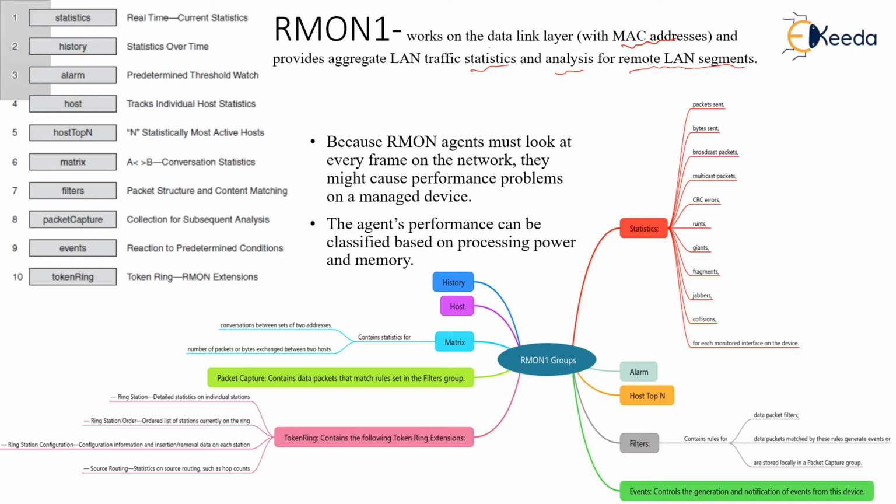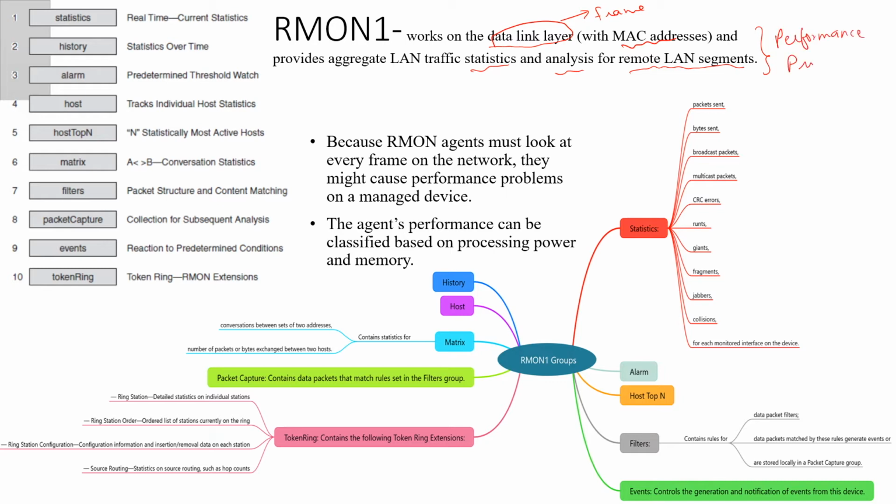Why? Because it works on the data link layer. Because every RMON agent must look at every frame on the network, they might cause performance problems on the managed device.